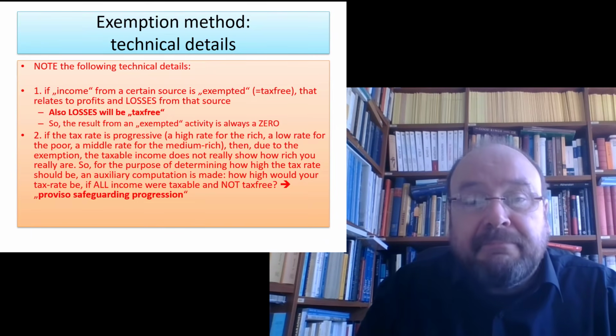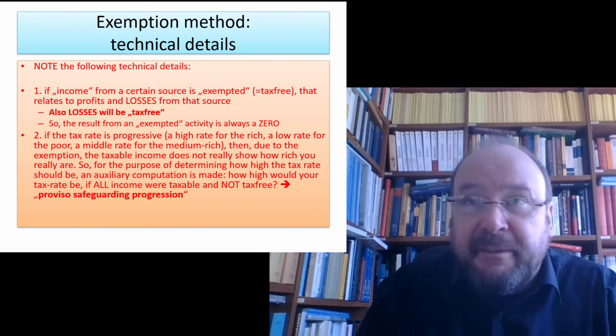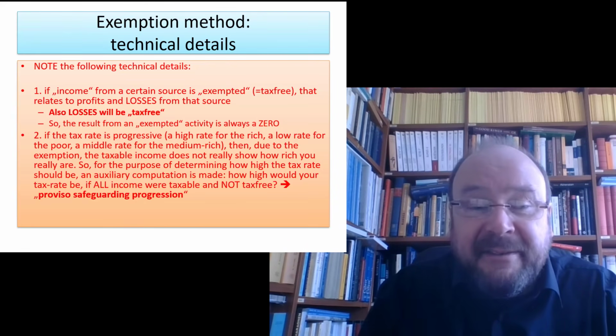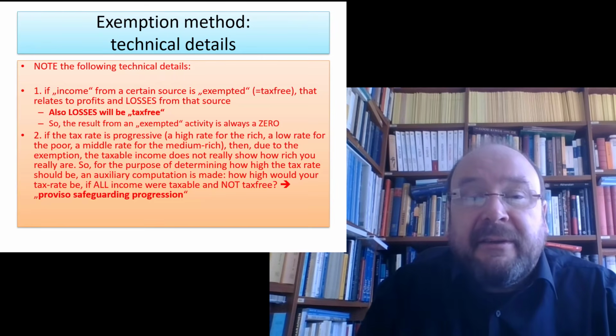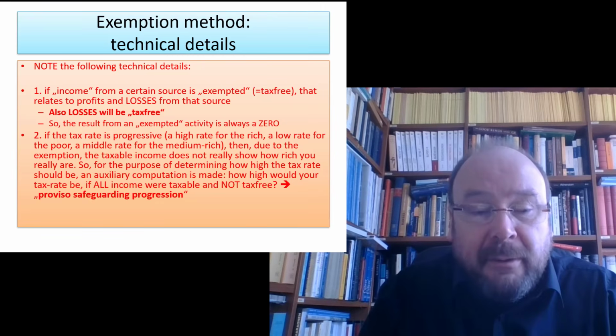That can't be. So you can only treat the losses and the profits from the same activity in a uniform way. That is why the losses are also tax-free, so the losses will be computed as 0.